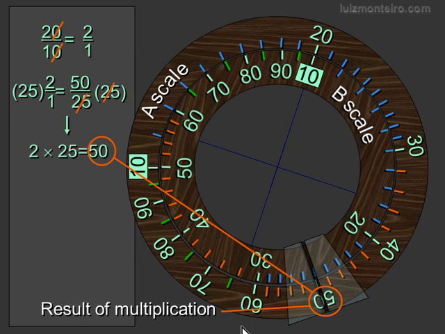We've seen that the decimal points can vary, so when reading the answer, we always have to use common sense to see if the decimal point is in the right position. In this case, it makes sense that 2 times 25 equals 50 and not 5 or 0.5 or 500.